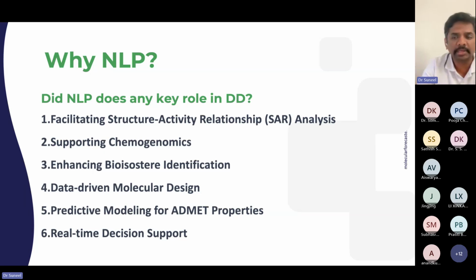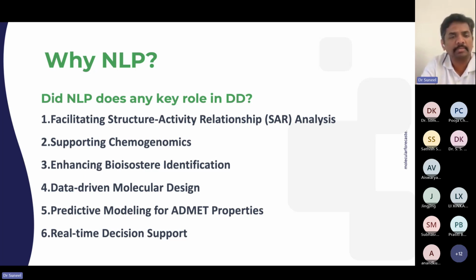We can do chemogenomics, where we extract relationships between targets and molecules, simply polypharmacology, and enhance bioactive identification when we're doing patent busting or exploring new IP space. So we can use NLP as a focused deep learning-based scaffolding tool, followed by data-driven molecular designing. Alternatively, we can call it generative chemistry or de novo designing.